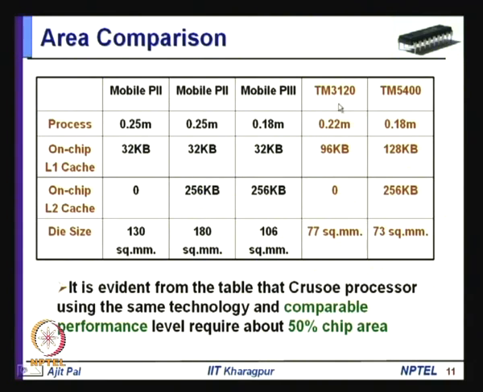On the other hand, Transmeta has developed 2 different types of cores. Initially, it was TM3120 implemented by using 0.22 micron technology, and here you can see they have used more on chip cache, because the power hungry components which are present in those superscalar architectures are not present in Transmeta processors.